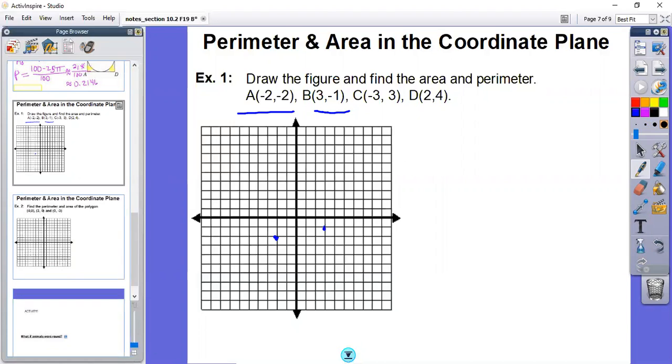So there and there. And then -3, 3, and 2, 4. And then we're gonna connect those up.